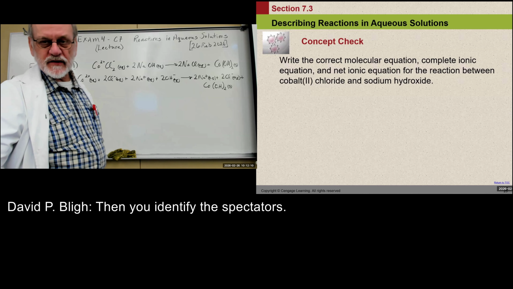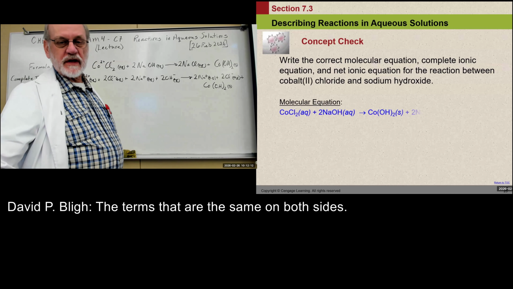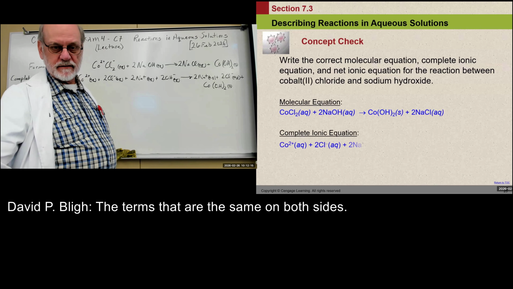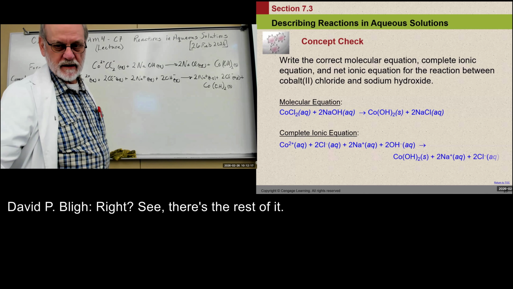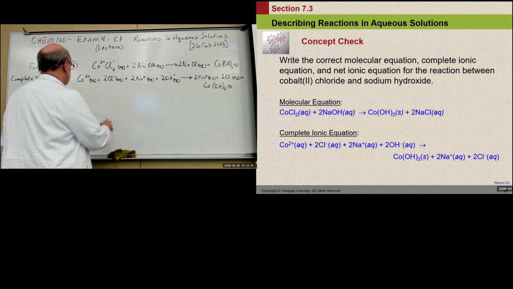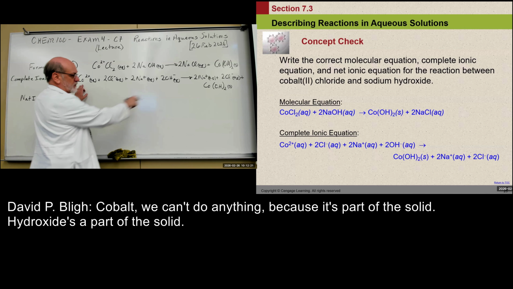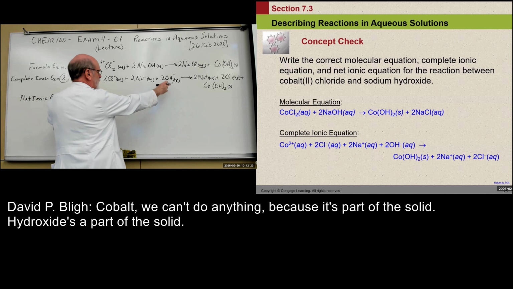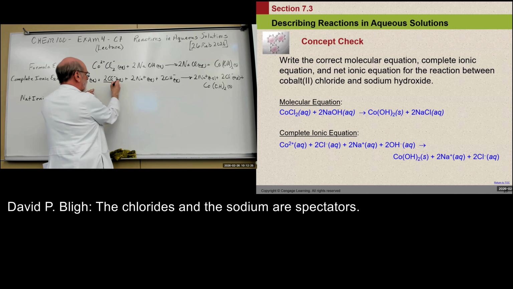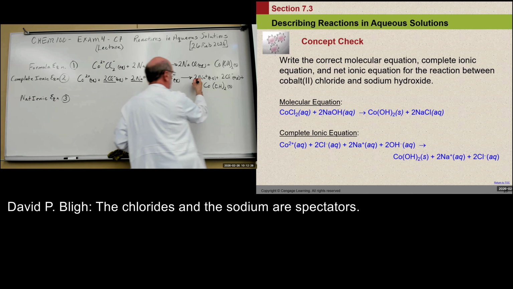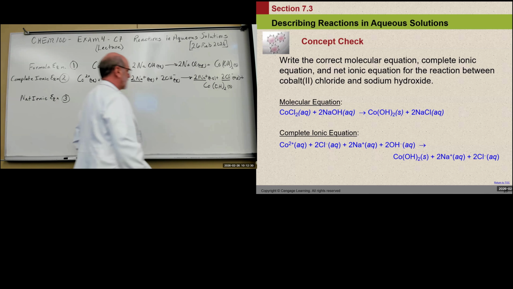Then you identify the spectators, the terms that are the same on both sides. Right? Let's see, there's the rest of it. Cobalt, we can't do anything because it's part of the solid. Hydroxide is part of the solid. The chlorides and the sodium are spectators.